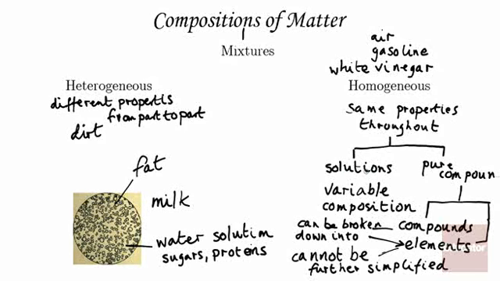And solutions can have variable composition. The pure compounds come in two categories. They're either compounds, which can be broken down further, simplified further, or elements, which cannot be further simplified. Everything we know in chemistry can be encompassed in this scheme of compositions of matter.